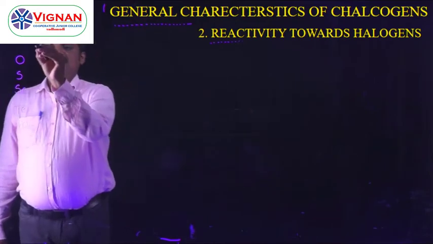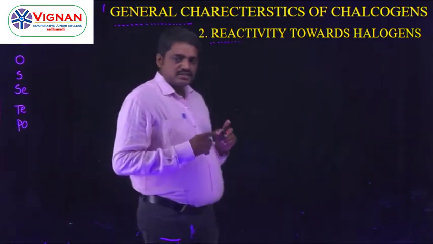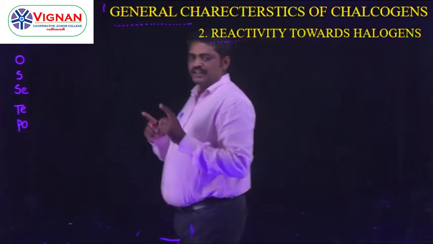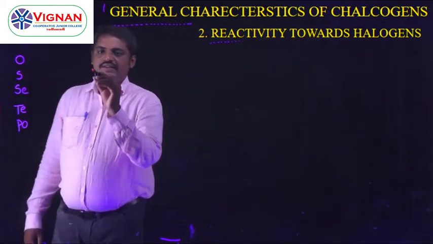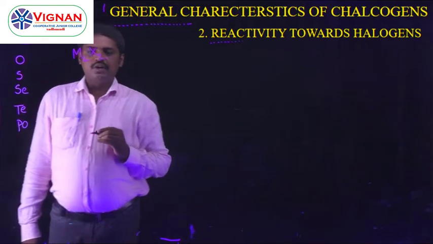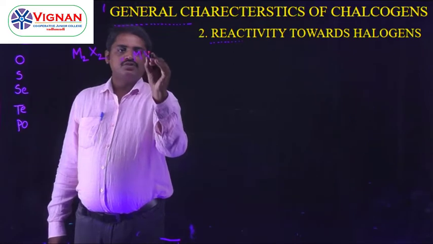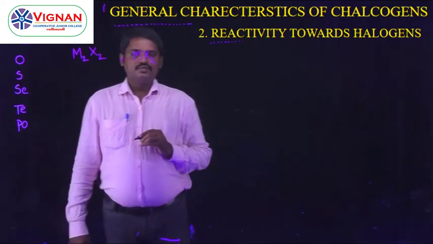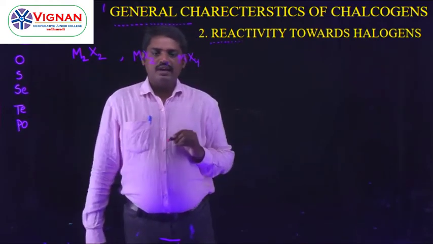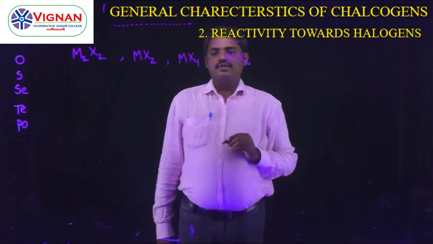These elements are denoted as letter M. These elements react with halogens to form different types of halides. Those halides are: first one, M2X2 type of halides, next one MX2 type of halides, next one MX4 type of halides, and next one MX6 type of halides.